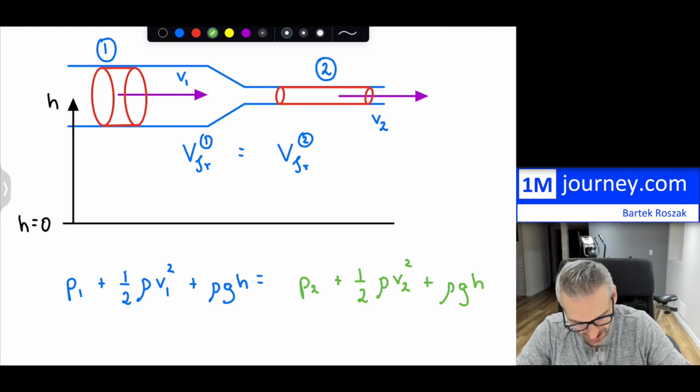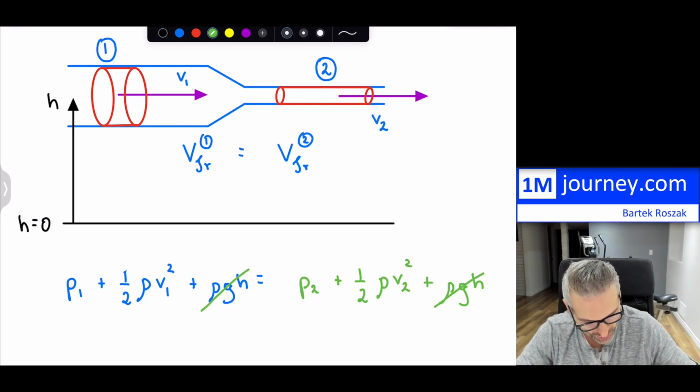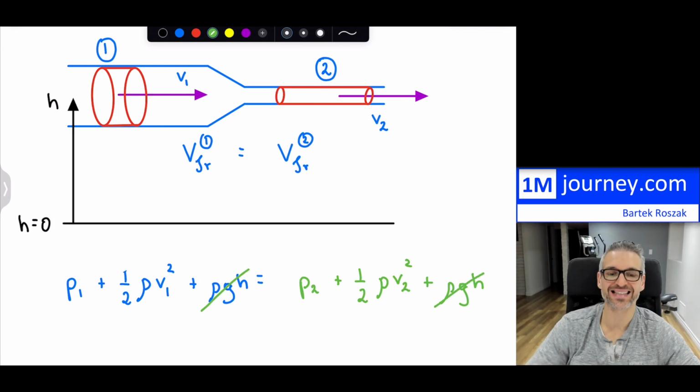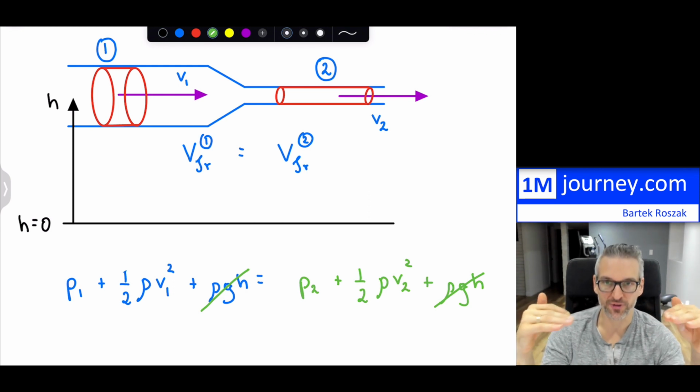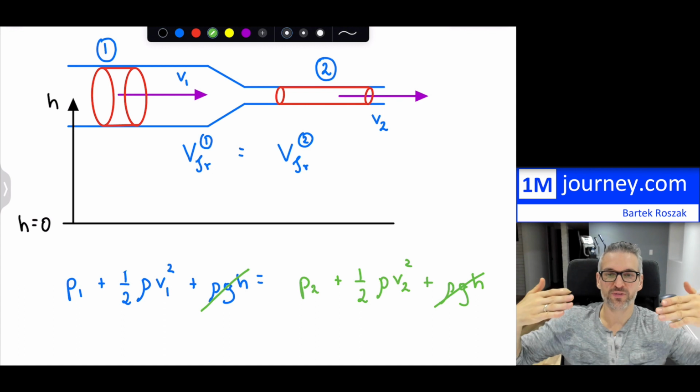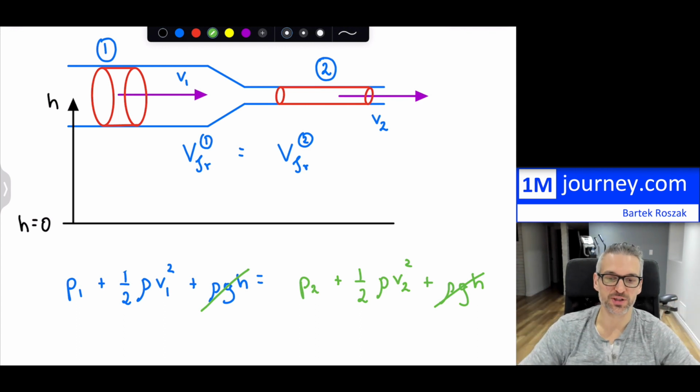As you can see here, these two terms are going to cancel each other because they're at the same height. When you talk about a fluid at exactly the same height, under the same assumptions as Bernoulli's equation, this is actually Bernoulli's principle.